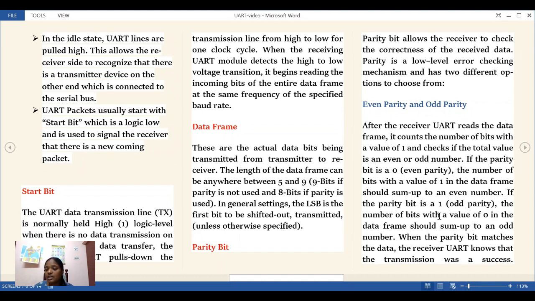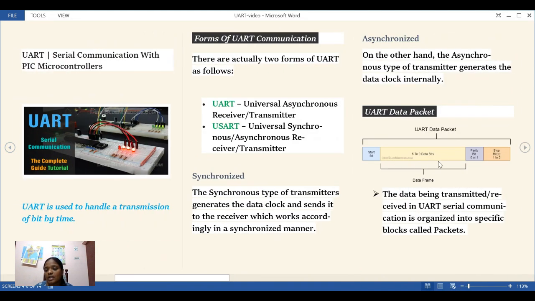If the parity bit is 1, that is odd parity: the number of bits with a value of 1 in the data frame should sum up to an odd number. Likewise, even parity and odd parity will be performed here. So when the parity bit matches the data, the receiver UART knows that the transmission was a success, and the data gets transmitted.